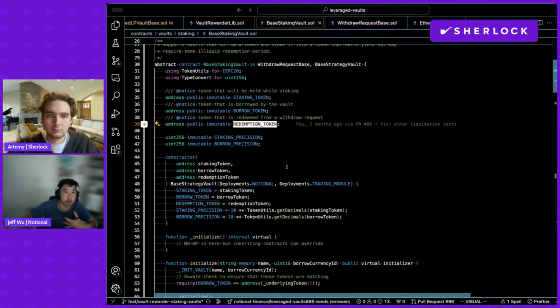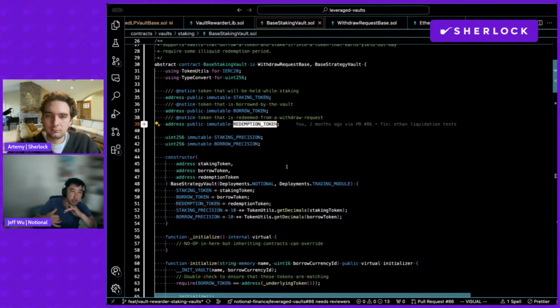may vary a little bit. In a Pendle PT vault, the redemption token is potentially ETH. The Pendle PT vault may spit out EtherFi ETH as a result of exiting, but when you go through an underlying withdrawal request, it's ETH.